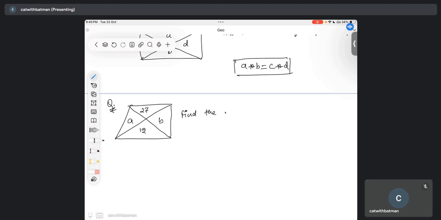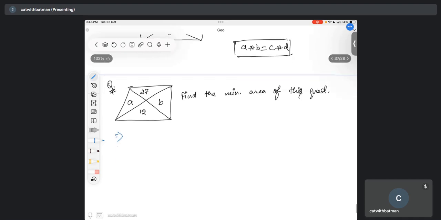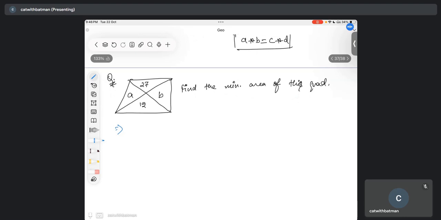Then find the minimum area of this quadrilateral. Chalo, you have 1 minute. Try to solve it. And if you have the answer, please let me know.